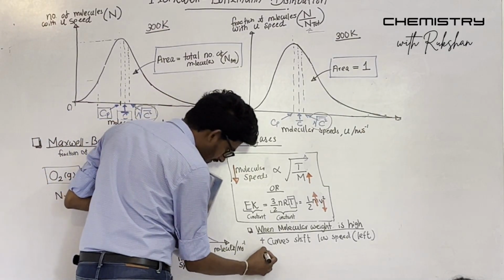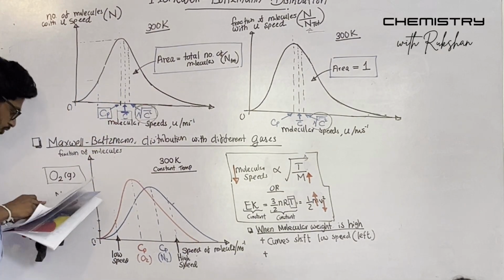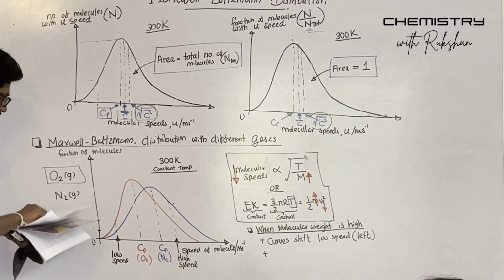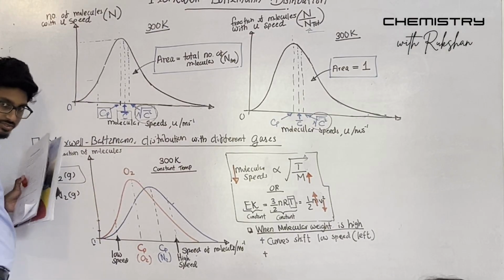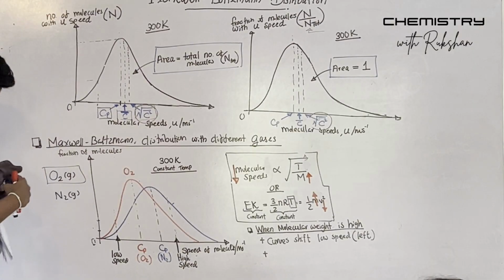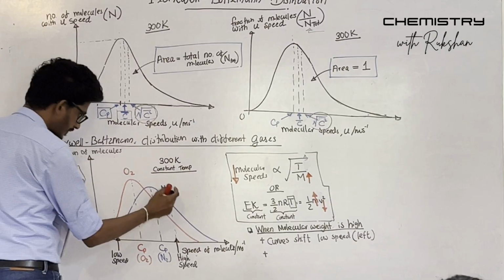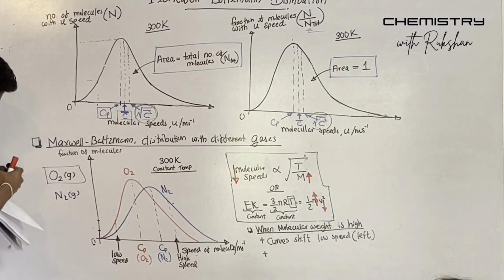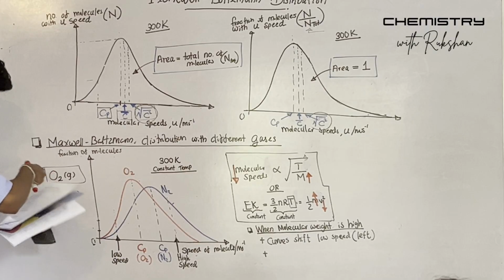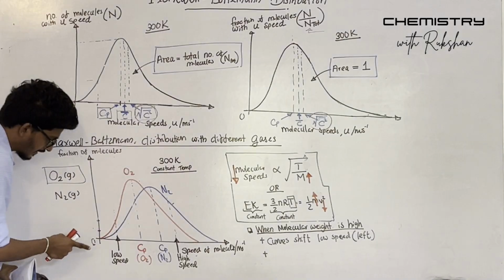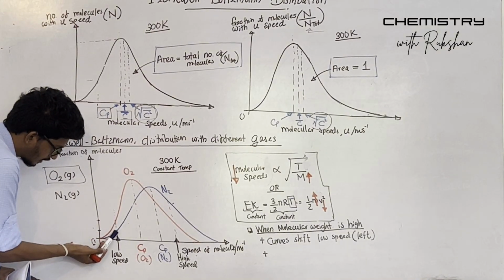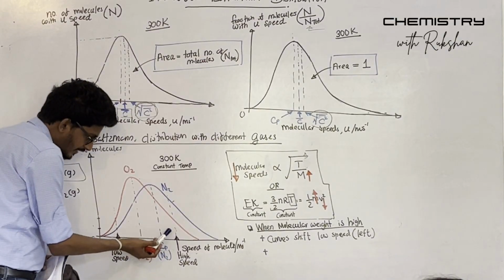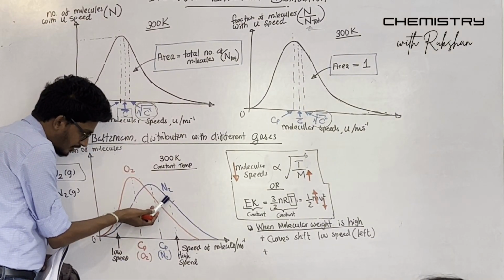So in other words, when those curves shift to the left, the number of molecules with lower speeds is going to be high. There is the red curve, no? The O2 number of molecules with lower speeds will increase. With the O2, you have a high number of molecules with low speeds. Number of molecules with high speeds: earlier, with high speeds, N2 molecules were this much.